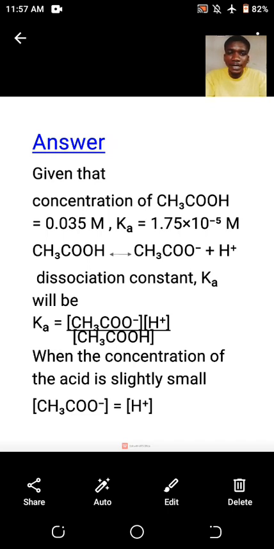Therefore, Ka is equal to the concentration of CH3COO negative times the concentration of hydrogen ion, divided by the concentration of the acid. When the concentration of the acid is slightly small, the concentration of the conjugate base is equal to the concentration of the hydrogen ion.